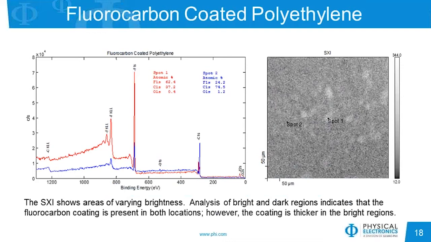And as you can see here, the two analysis points we're using are spot 1, our bright spot, which has high fluorine, and spot 2 over here, which is then the darker region with lower fluorine content. So we may think that the fluorine content in the bright area is a little bit thicker in that this is a fluorocarbon coating on the polyethylene.